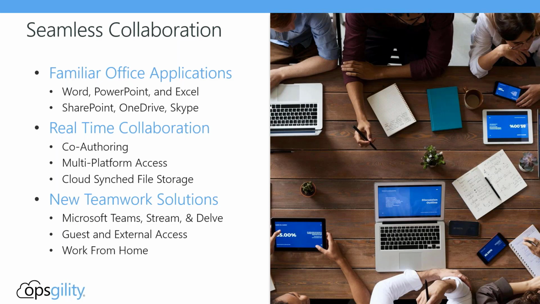What that really provides with Microsoft is that you can combine traditional applications like Word, PowerPoint, and Excel with real-time collaboration that you would see in modern solutions. You can work on the same documents with others. You can share those documents with people inside your organizations and outside with guest users. And all of that's powered through SharePoint, OneDrive, and older services that are going to be retired and replaced, like Skype for Business with Microsoft Teams.